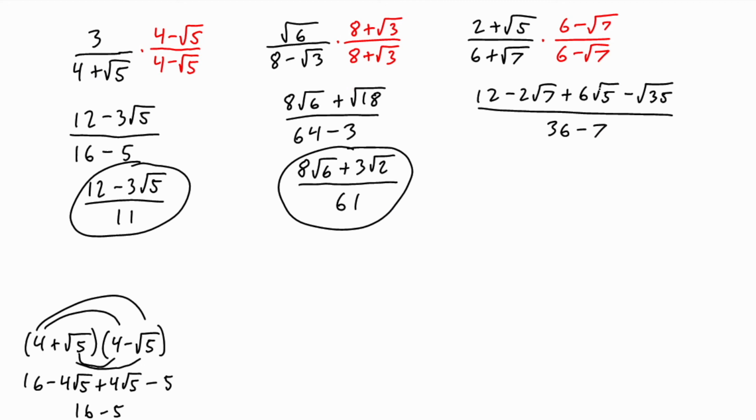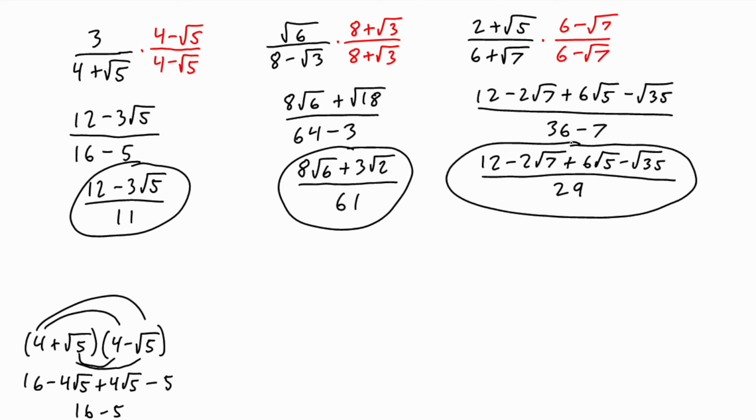But there are no like terms to combine here on this one. So we're going to end up with the top staying exactly the same. And the bottom, 36 minus 7 is 29. And 29 can't go into anything on the top, so that is our final answer. Doesn't look very nice, but that's the answer.